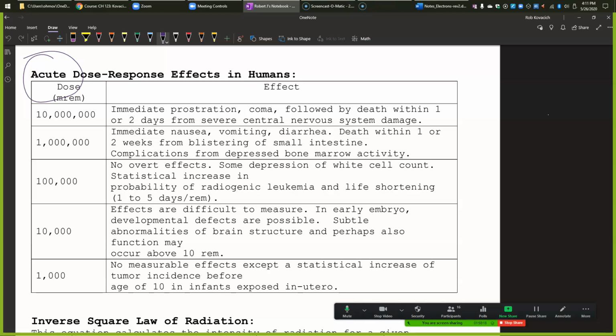You immediately know you got hit by it. You're nauseous, you're vomiting, you're dead within a day to 2 weeks. And the reason you die is twofold. You can't make red blood cells anymore because your bone marrow is dead, and you've blistered your small intestines. So what's wrong with that?